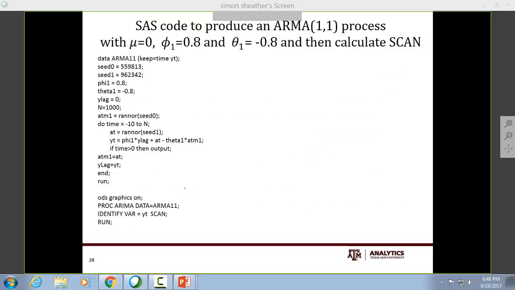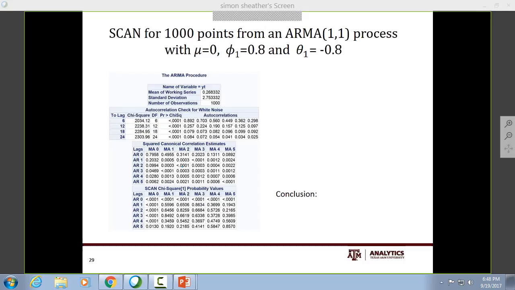Let's look at what happens with our generated example. Again, all we do is put in scan. Okay, let's go to the probability values. Where is our rectangle, where all the values inside the rectangle are statistically insignificant and everything outside the rectangle is statistically significant?